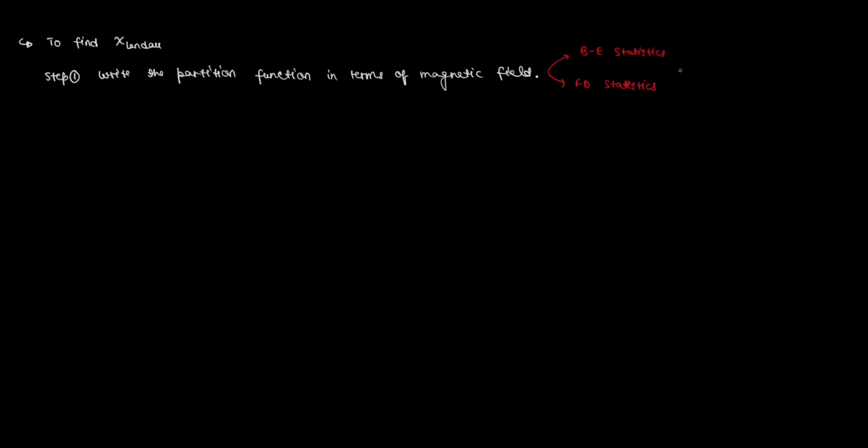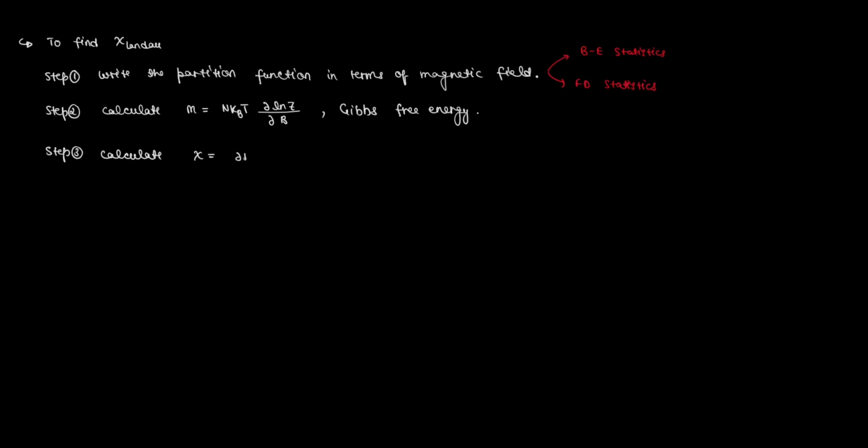For simplicity, we will first start with Bose-Einstein statistics. In the second step, we need to calculate the magnetization or Gibbs free energy. And in the final step, we can calculate the susceptibility using this relation.